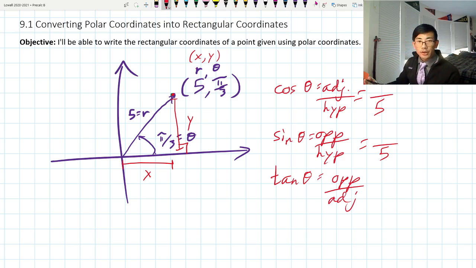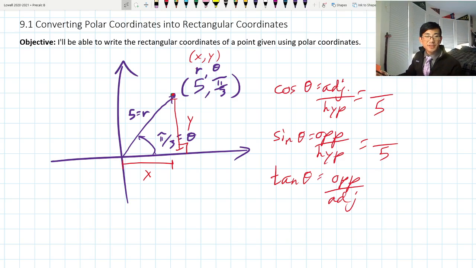In here, the side adjacent to the angle is x, and our opposite side is y. Here's a nice thing: we actually know what theta is, and therefore we can calculate cosine or sine of it. Since this is one of those angles where we know exactly its value, we can get it pretty nicely. If you didn't, you would have to resort to a calculator.